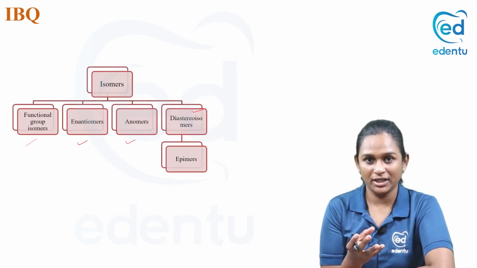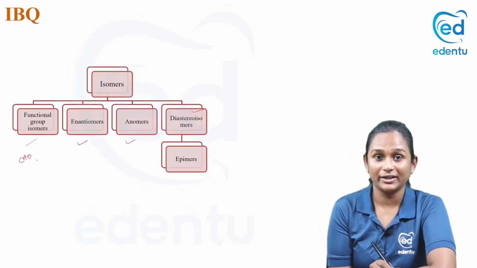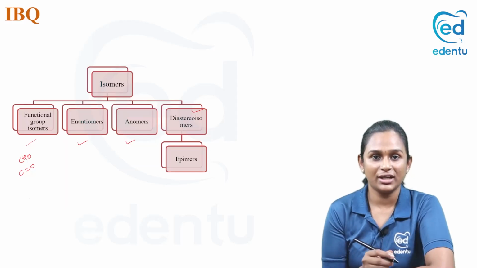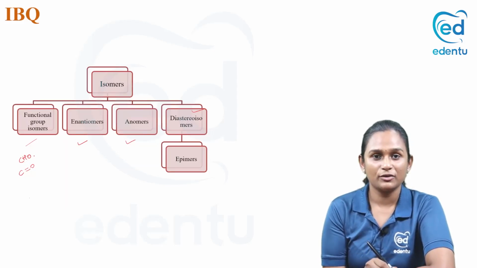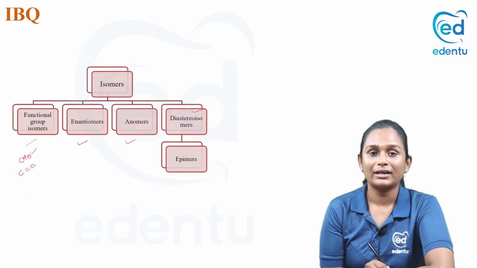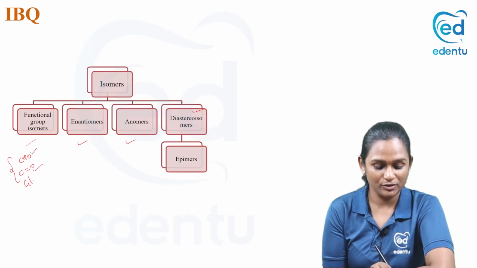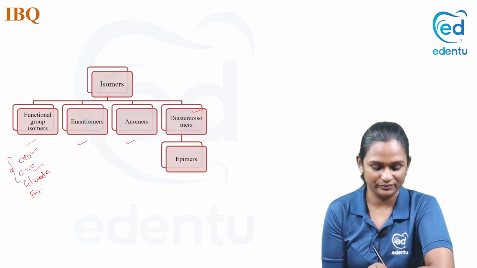As the name indicates, it is about the functional group. In glucose the functional group is aldehyde. In fructose the functional group is ketone. Even though they have the same chemical formula, glucose has an aldehyde functional group and fructose has a ketone functional group. So glucose and fructose are functional group isomers.